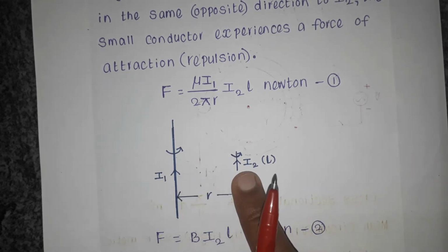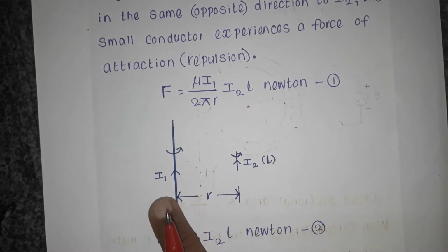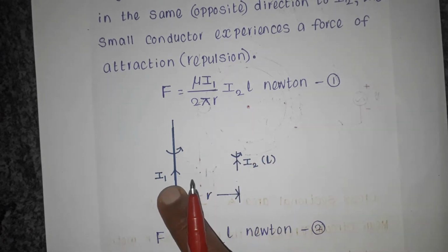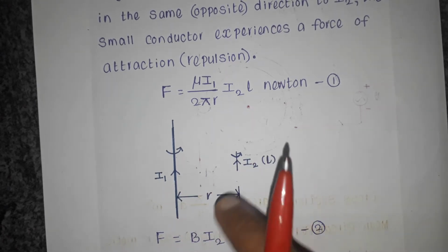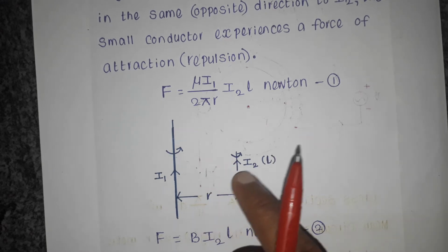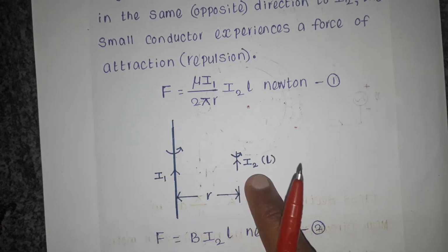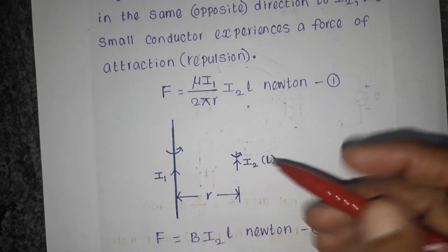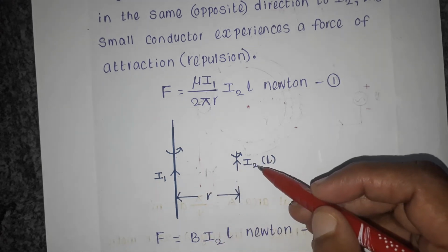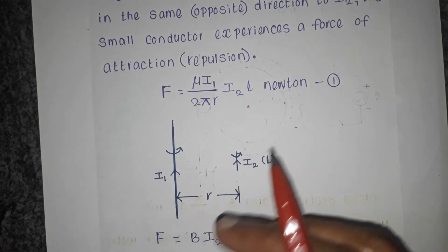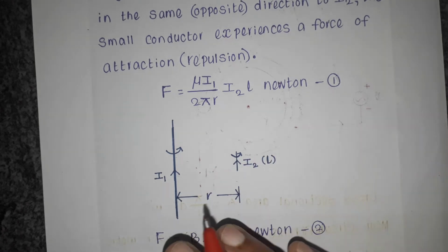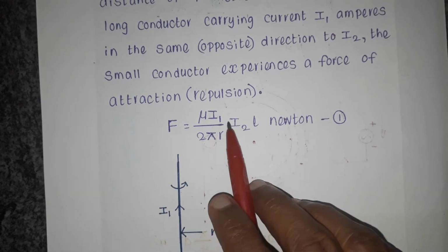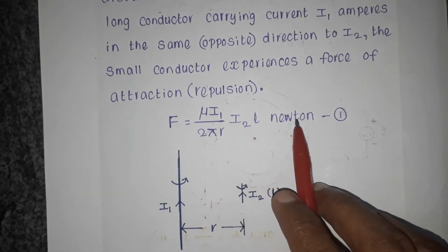In between the conductors, the flux because of I2, when I2 is opposite to I1, adds to the flux because of I1. At that time, this small conductor whose length is L experiences a force of repulsion. Whether it is attraction or repulsion, the magnitude is F equal to mu I1 by 2 pi r into I2 L Newton.